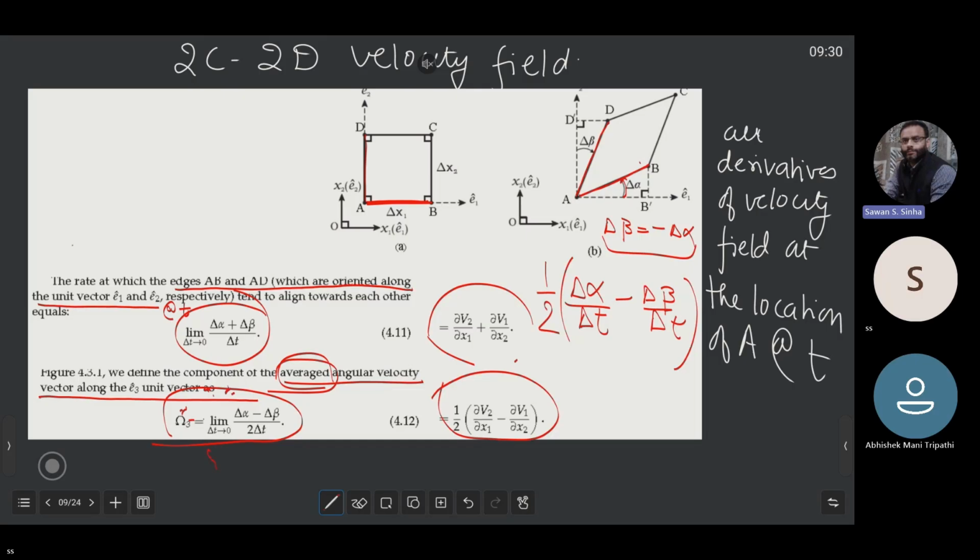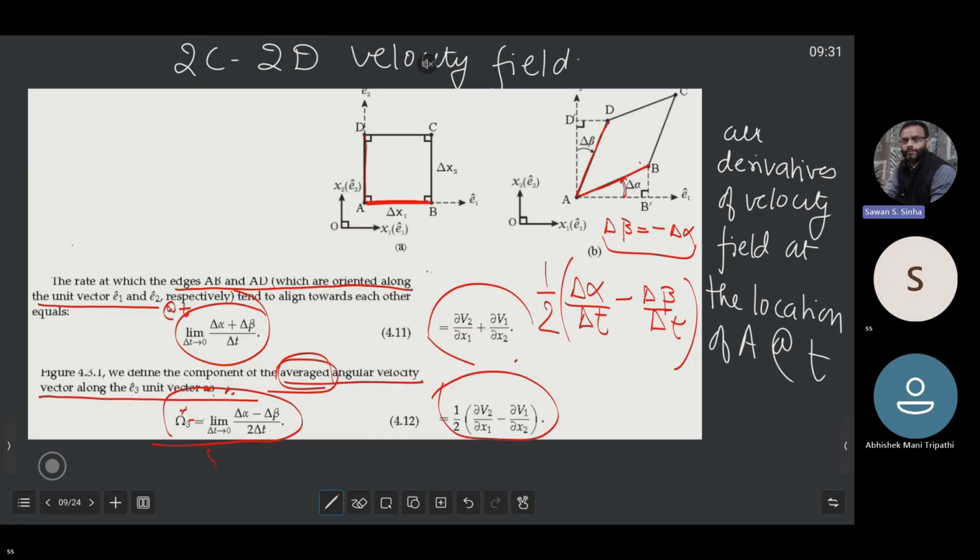What will happen? Delta alpha plus delta alpha by 2, divided by delta t. And what is the definition for a rigid body? It is the same, delta alpha by delta t. So to make it coincide with the unique angular velocity definition of a rigid body, I put the minus. Is it clear? All right.